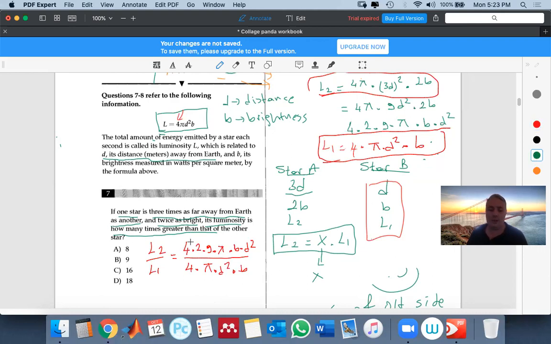The 4 pi d squared b cancel. So what is left? L2 divided by L1 is equal to 18. Cross product, L2 is equal to 18 times L1. So the question was, L2 is how many times L1? L2 is 18 times L1. So the answer is D.